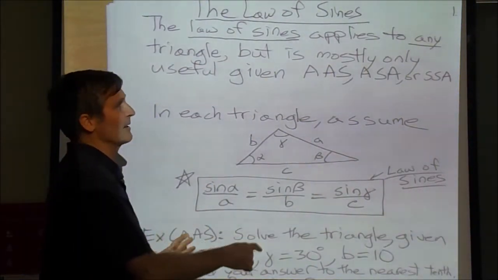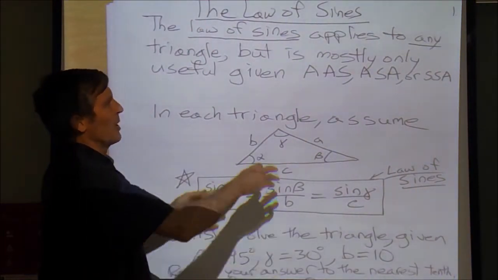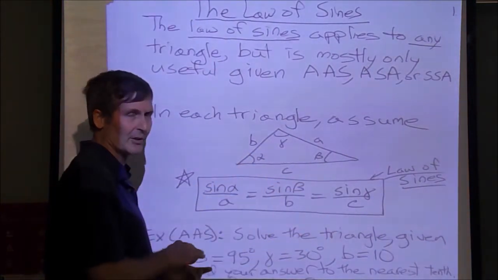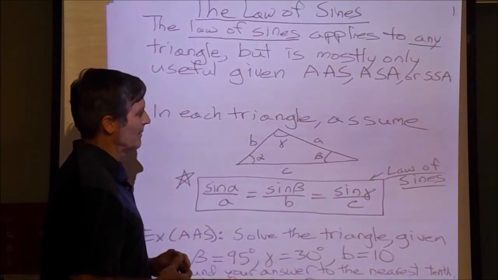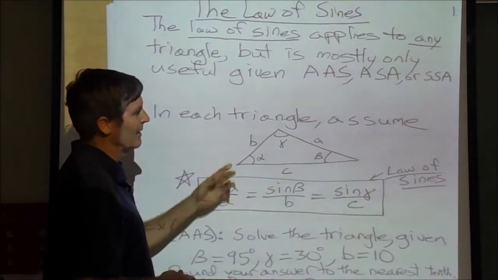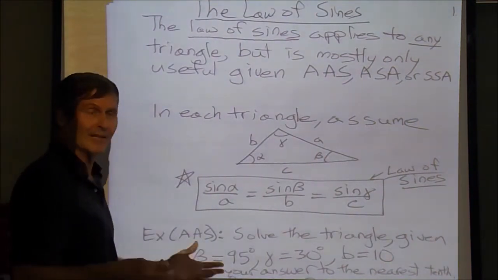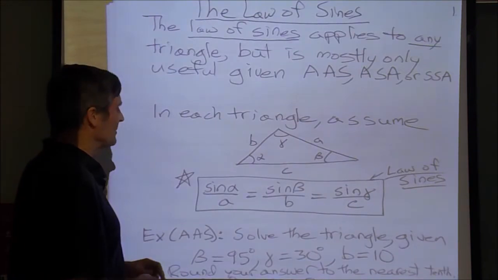Problems like triangulating to find a lost person in a boat out at sea if they're not too far away, so that the curvature of the earth comes into effect and you can treat the earth as flat. You can use the law of sines to solve find the survivor problem by triangulation. So lots of neat applications in these too, and we'll see some more with the law of cosines.